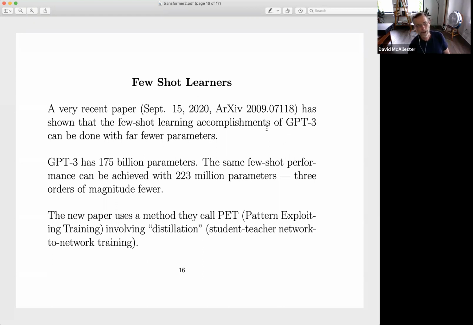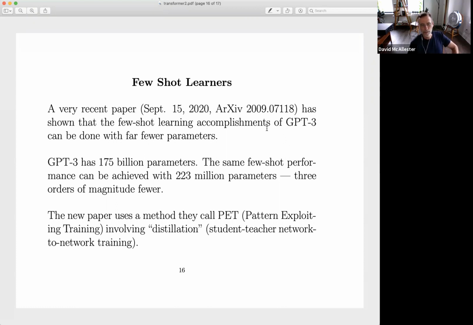So what's interesting about this paper that appeared just a few weeks ago, maybe a month ago, is that it showed that this escalation in the number of parameters appears not to be necessary. This is a paper that has 223 million parameters. So this is approximately 3 orders of magnitude smaller than GPT-3.